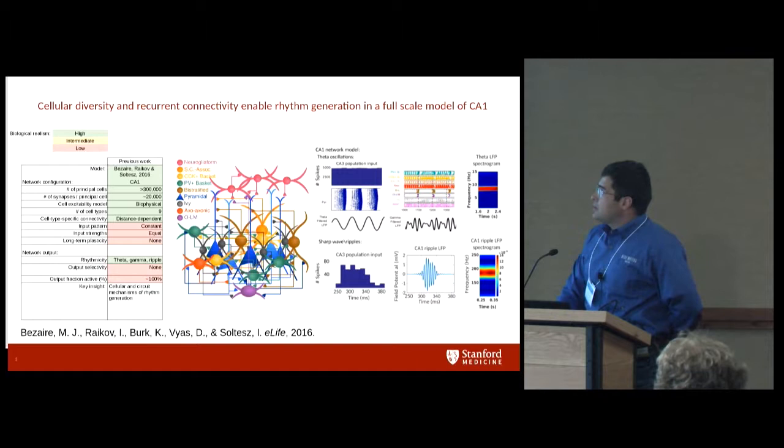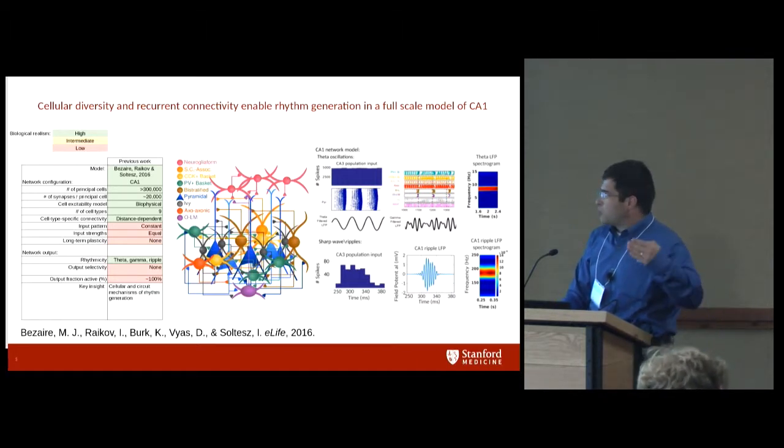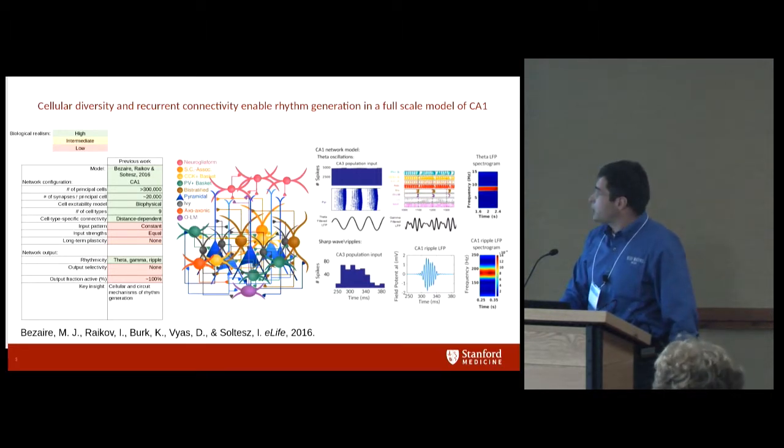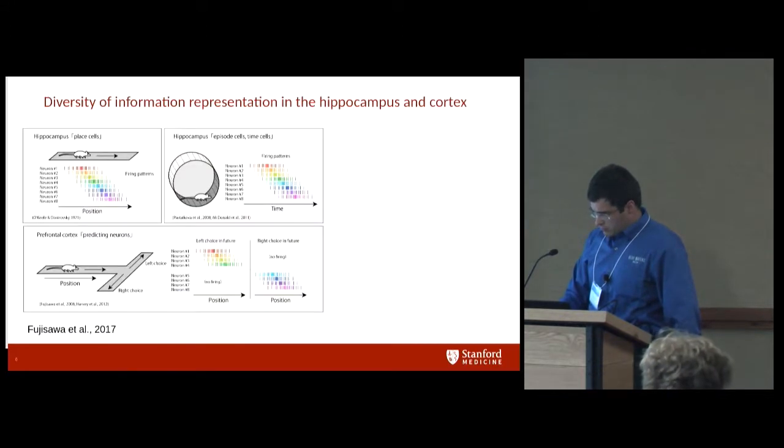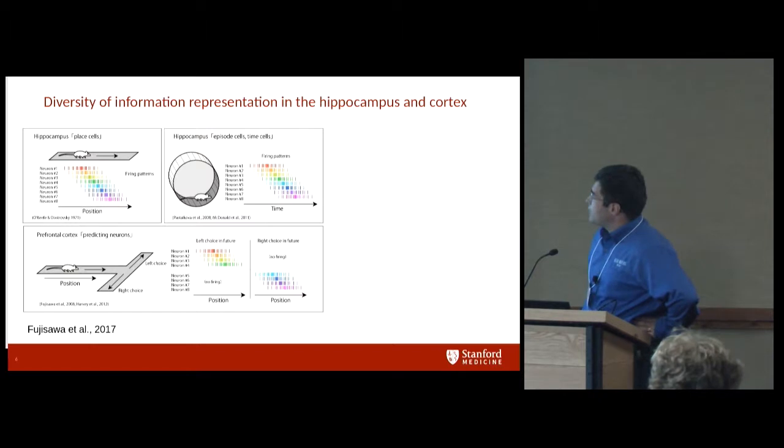However, the input provided to this network didn't carry any information content. We were primarily looking at the oscillatory properties. And in reality, there's a diverse set of information represented. As I said, there are place cells which are active at different locations.